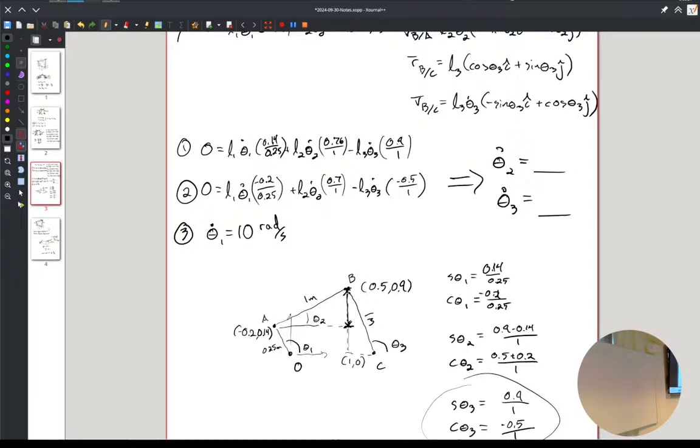L, I think you're on L1. Do you have all those values? L1 and 2, I think. Opening faster than.